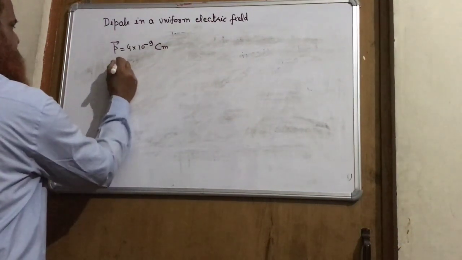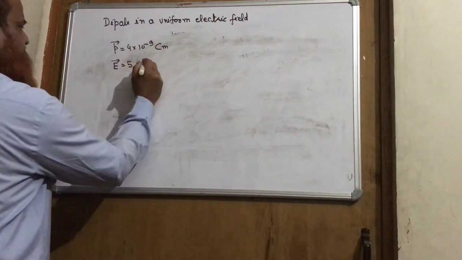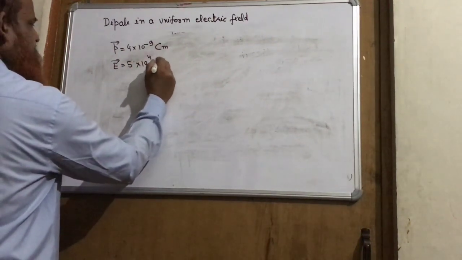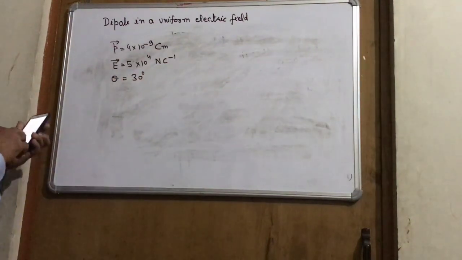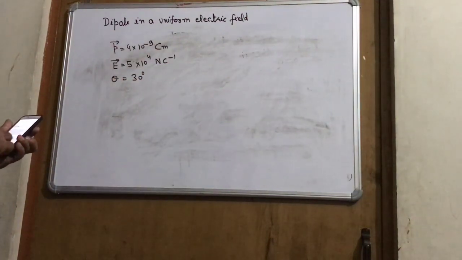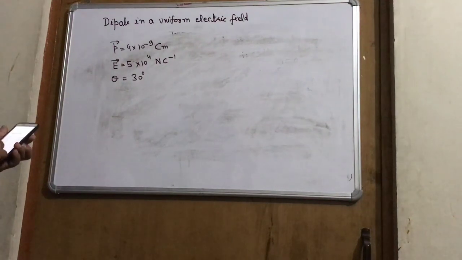So electric field here is 5 into 10 to the power 4 Newton per coulomb and angle is 30 degree. Question is, calculate the magnitude of the torque acting on the dipole.